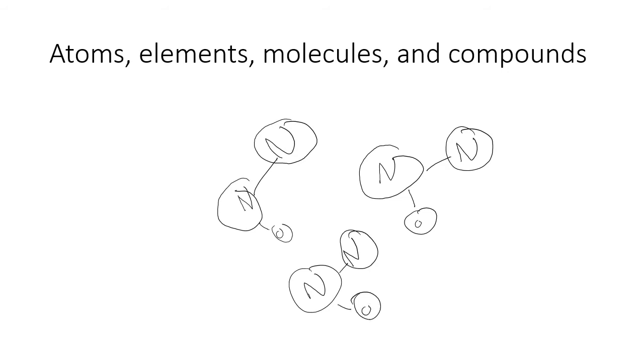Here we ask ourselves, how many elements do we have? We still have 2 elements, nitrogen and oxygen. Then we ask ourselves, how many atoms do we have? We've got 1, 2, 3, 4, 5, 6, 7, 8, 9. That's 9 atoms.